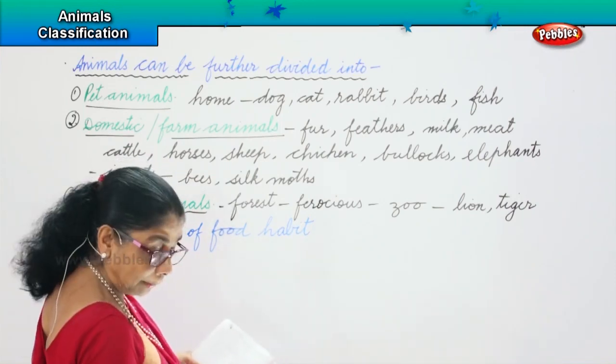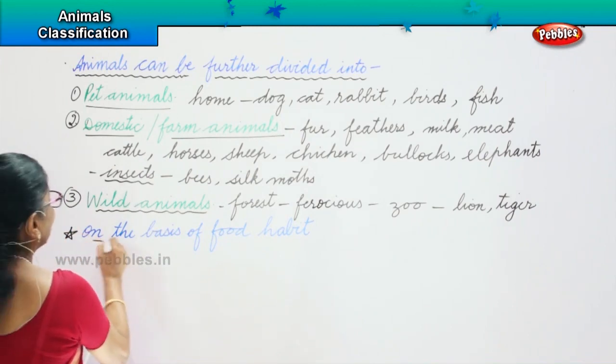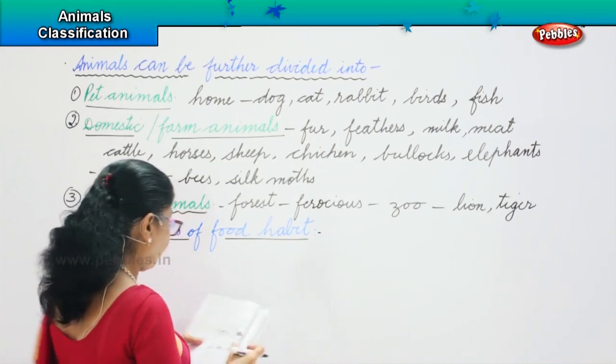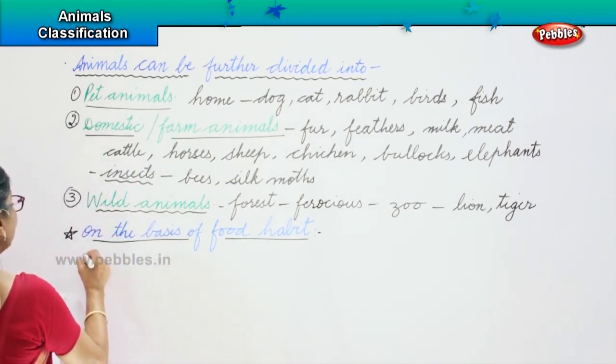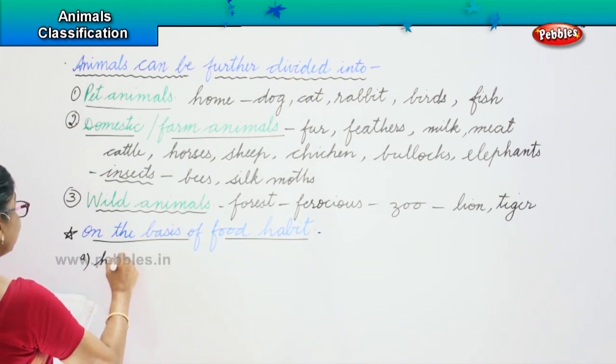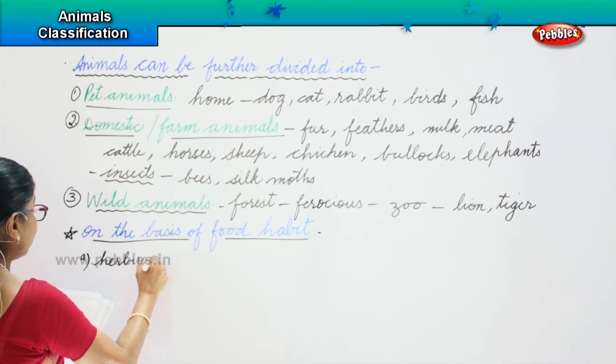What are the food habits these animals have? According to it, we can also make categories. First, we have herbivores.